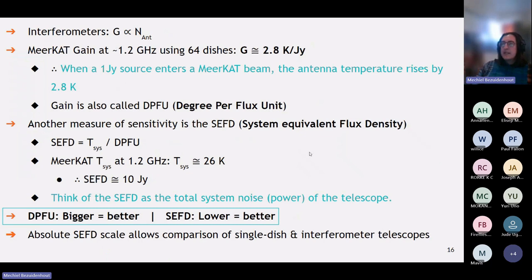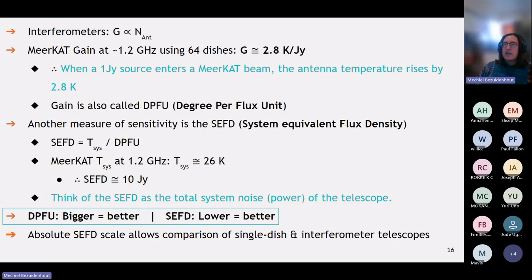So that's the case for single dish telescopes. For interferometers, where you have multiple dishes, the gain adds linearly with the number of dishes. So you just add the gain together of each individual dish, meaning that if you want to maximize the gain, you can either build one radio dish with a very large diameter, or you can build lots of smaller ones and then add together the gain.